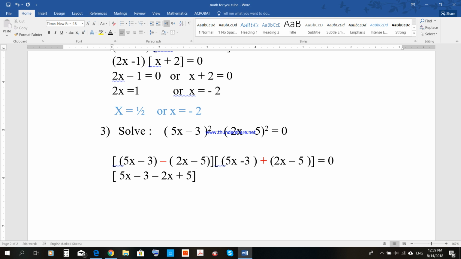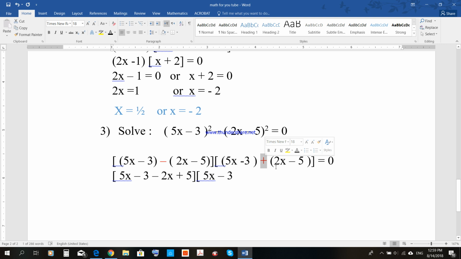Then close the bracket. Open the second bracket also. We have 5x minus 3. And the second sign here is a plus.